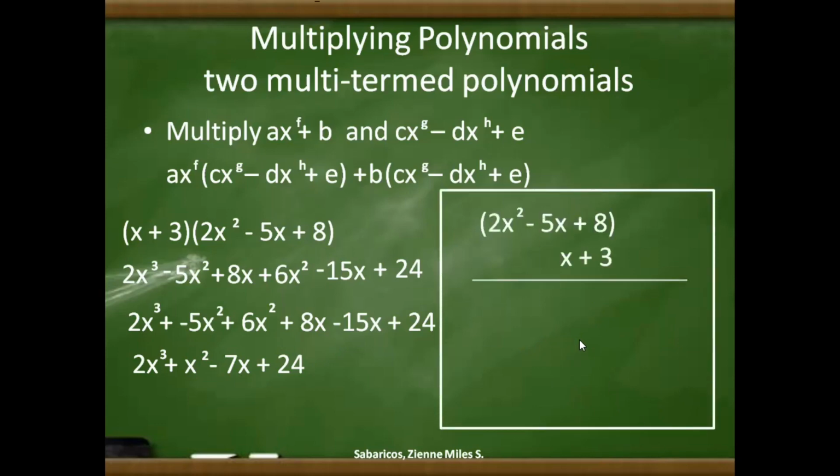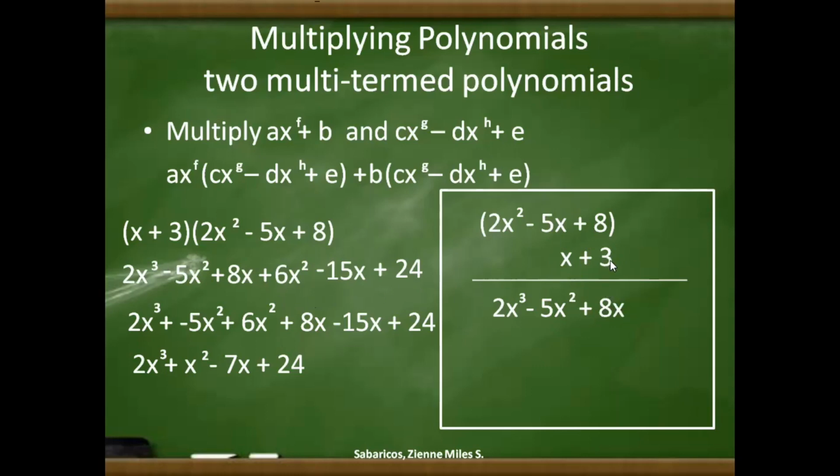And then if we use another method, the vertical method, x times 2x squared is 2x cubed, like we did earlier. We bring the sign down, and x times 5x is 5x squared. And then x times 8 is 8x, like we did earlier.